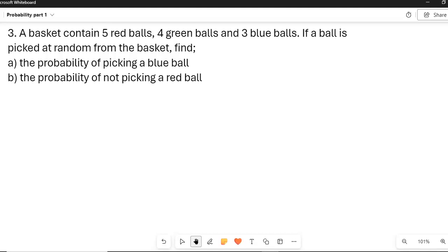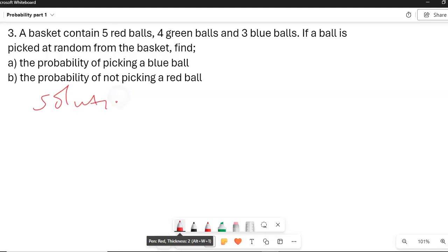So we start with part A. We are informed that the basket has 5 red, 4 green, and 3 blue.